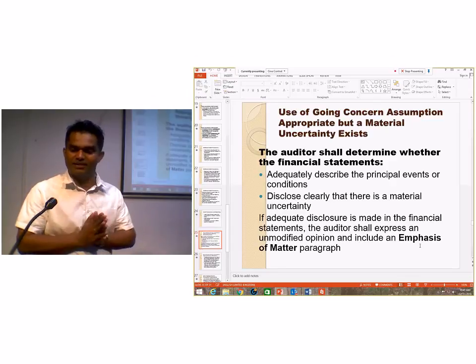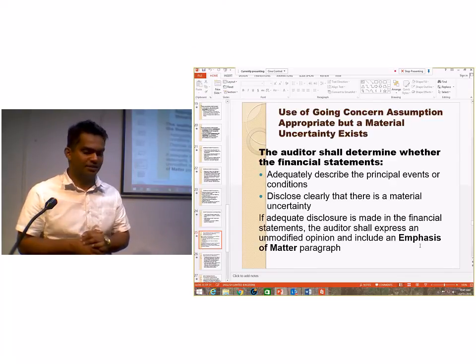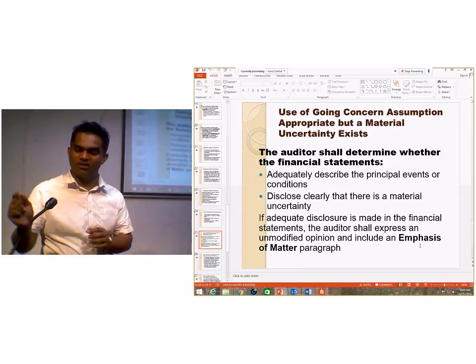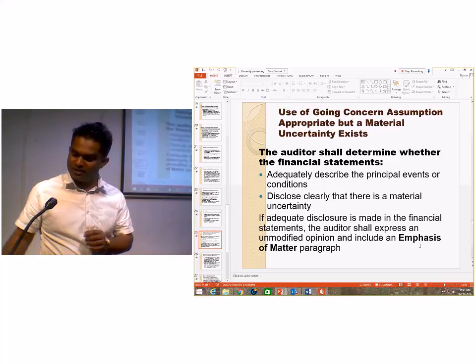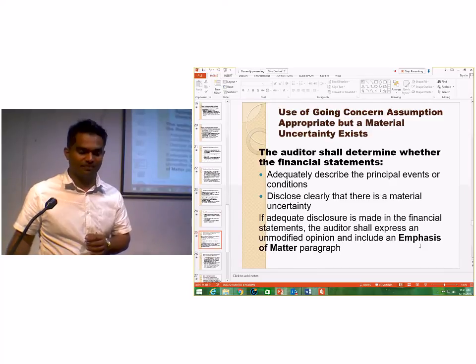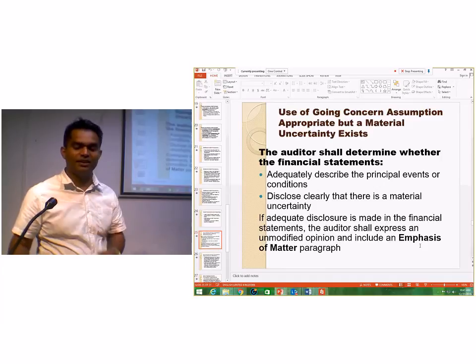Practically what happens is, you as the auditors ask the management to make a note that the business has this much of loss, and as a result of that, this will be the negative net assets of the business. I give a simple example. You ask the management to put that note in their disclosures.